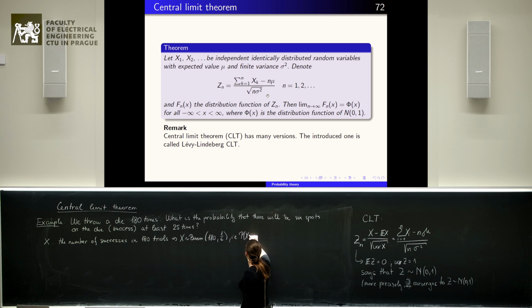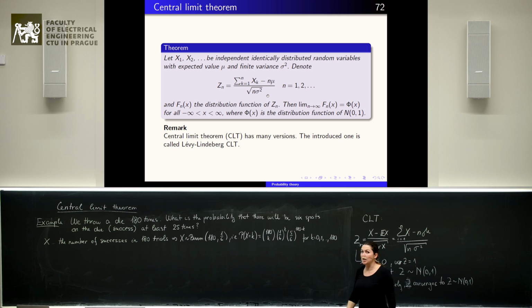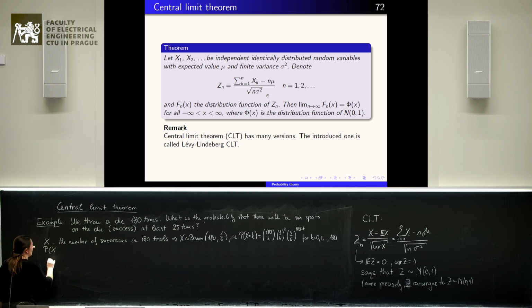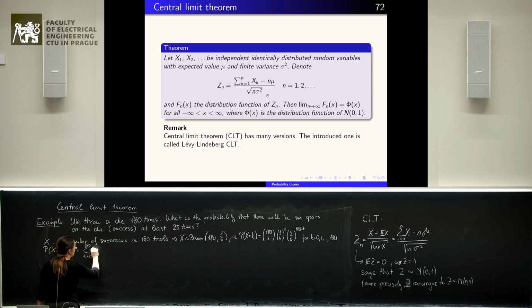So it means that the probability that the number of successes is equal to k is 180 choose k times 1/6 powered by k times 5/6 powered by 180 minus k for k equal to 0, 1, and so on till 180. And when we want to calculate the probability that the number of successes is at least 25, we calculate, in fact, the sum for k from 25 to 180 of these probabilities.